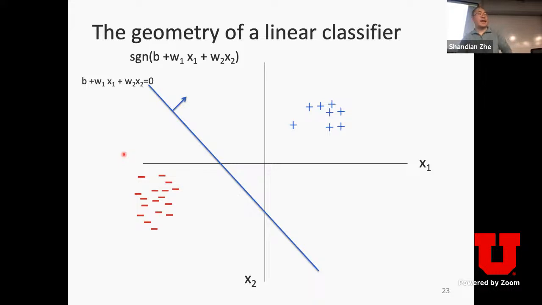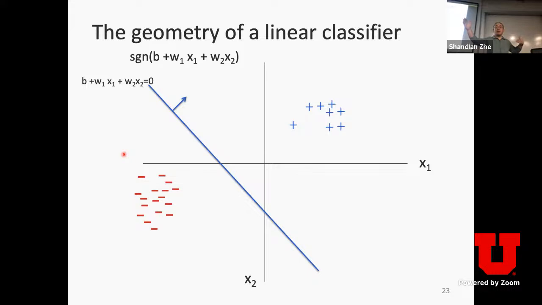You can imagine that every linear classifier tries to set up a classification boundary, which is either a line in two-dimensional space, a plane in three-dimensional space, or a hyperplane in a higher dimensional space. In this way, they partition all the instances in the instance space into two half spaces.